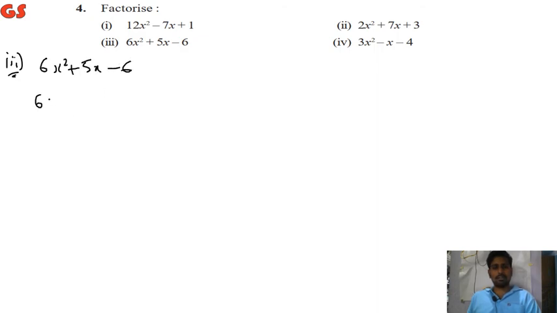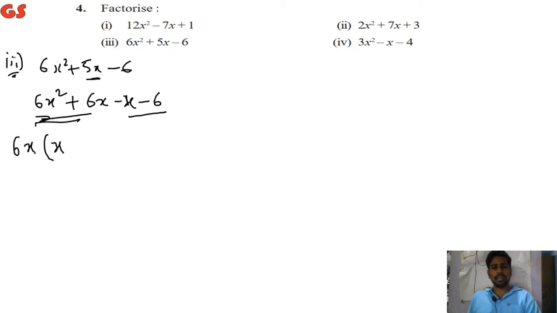Okay, so 6x square plus 5x we can write as 6x minus 1 minus x. 6x minus x is nothing but 5x only, and minus 6 we write the same. Okay, so you take the two terms common. Now in common here you are getting 6 and x as common, so 6x is outside and the remaining x will be inside, plus 6x outside, so the remaining is 1.